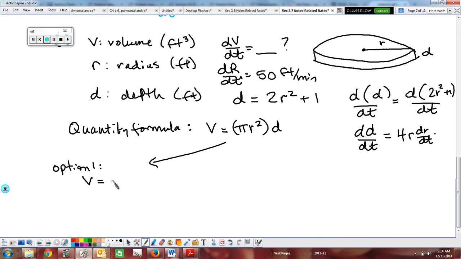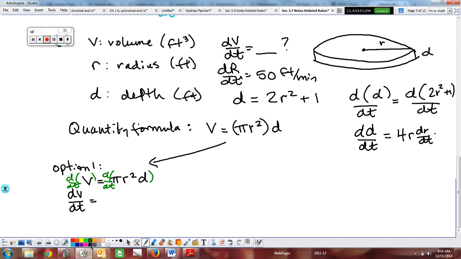I'm just going to leave it as V equals pi r squared times D, and then I'm going to find dV/dt. I'm going to take the derivative of both sides with respect to t.